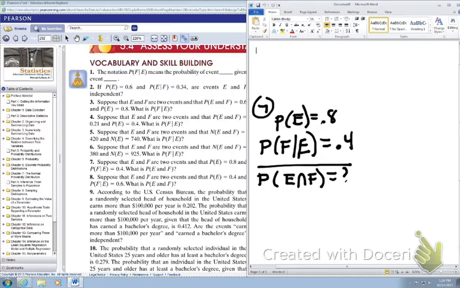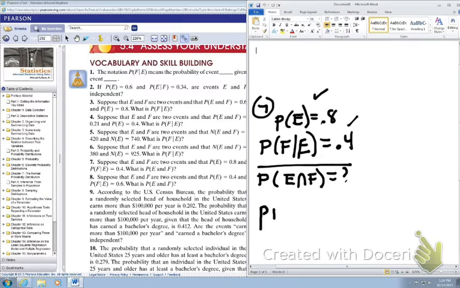Okay, so what I always do, I write down my givens. So I've got the probability of E is 0.8, the probability of F given E is 0.4, and the probability of E intersect F is what we're looking for. So the first thing I do then is write down my relationships that I know exist.